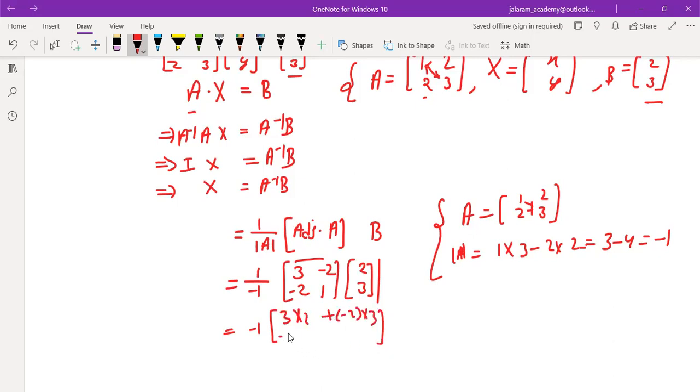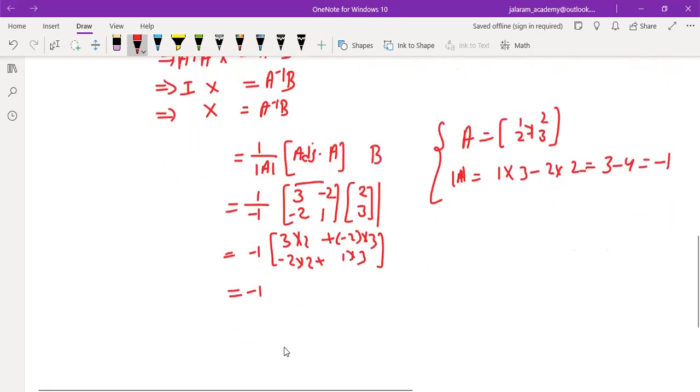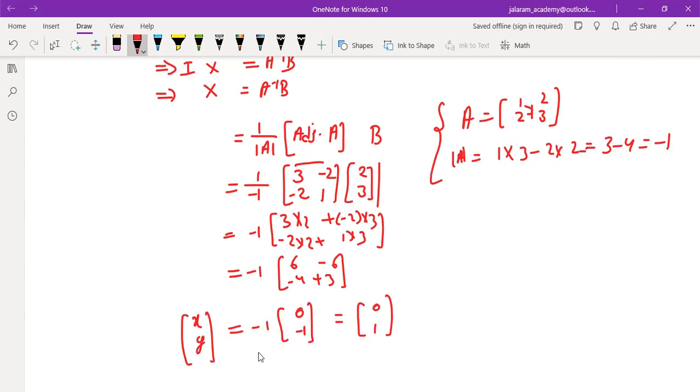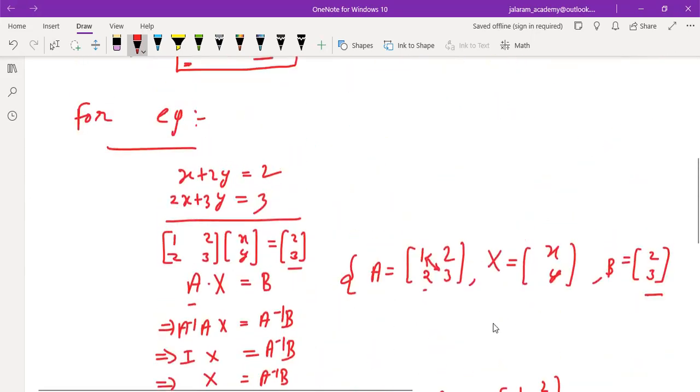And second row is minus 2 into 2 plus 1 into 3, equals minus 1 into 6 minus 6, minus 4 plus 3, that is minus 1 into 0, minus 1, equals 0, 1, which is equal to the column matrix x, y. So on comparing, x equals 0, y equals 1 are the solution of the equations.